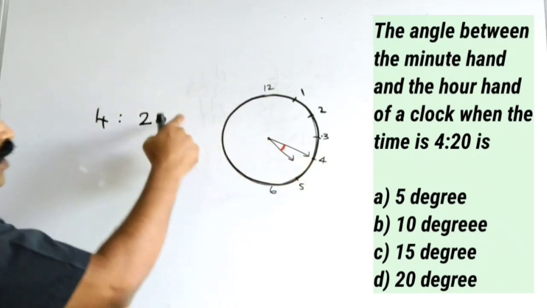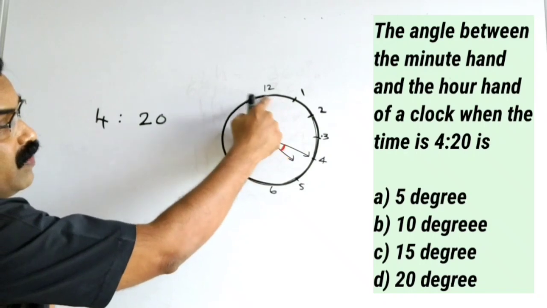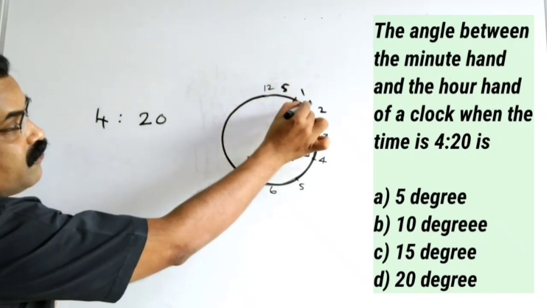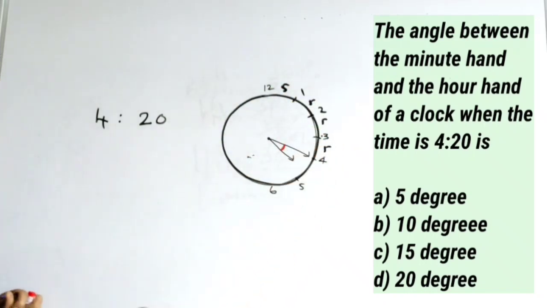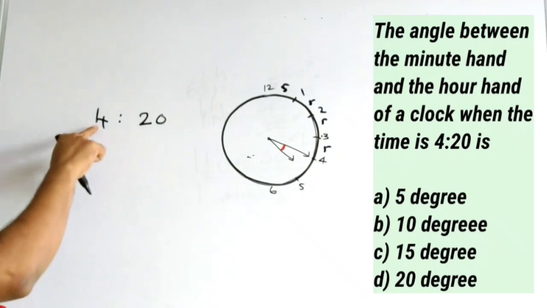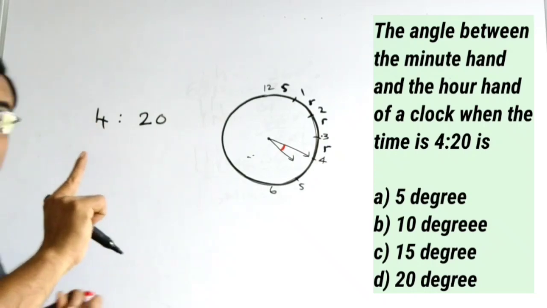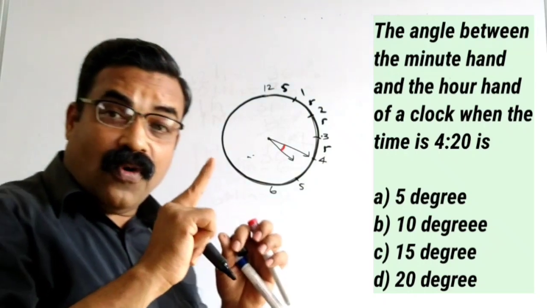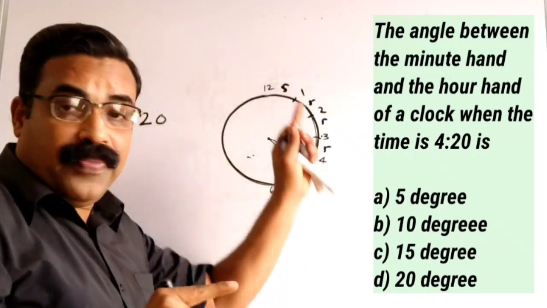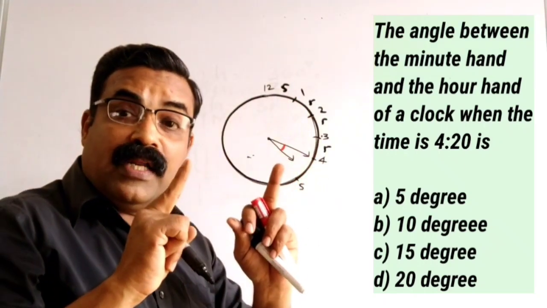For every one number, there are 5 minutes. So what we are going to do now is convert this 4 also into minutes, by multiplying 4 by 5.